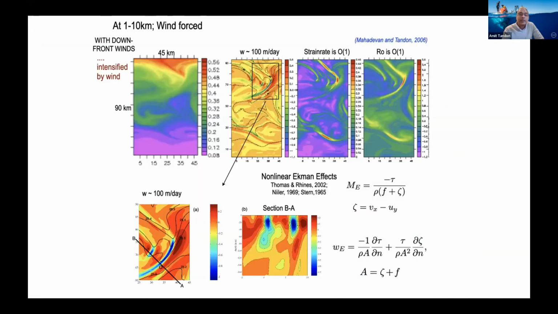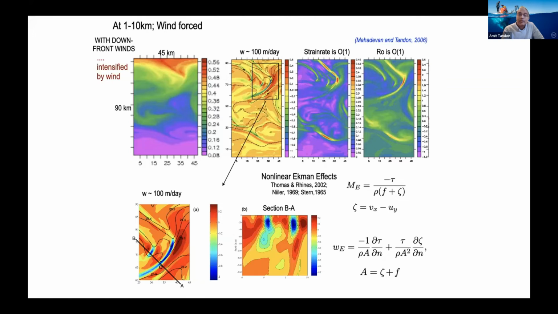Here is another figure from our paper with Amala, where we showed the vertical exchange that these generate, because that vertical exchange basically breaks the quasi-geostrophic constraints.